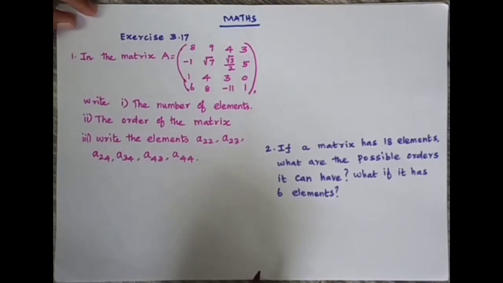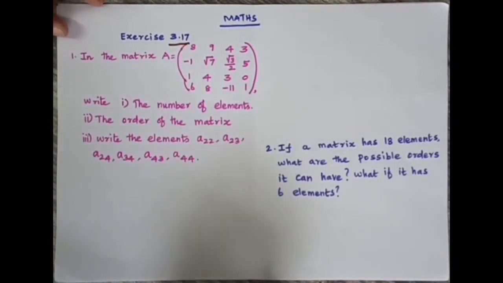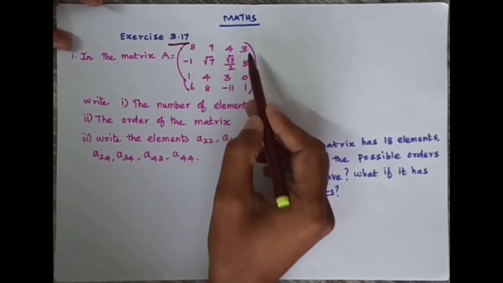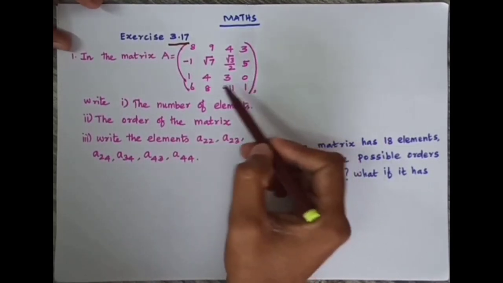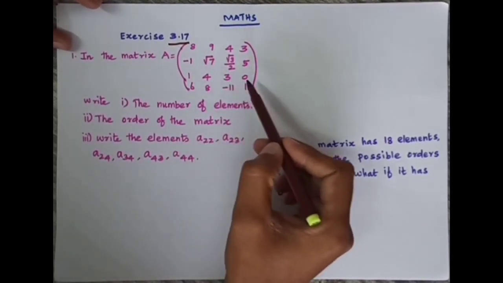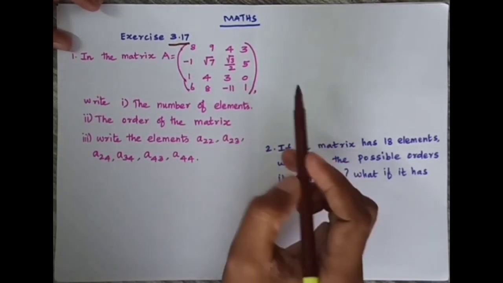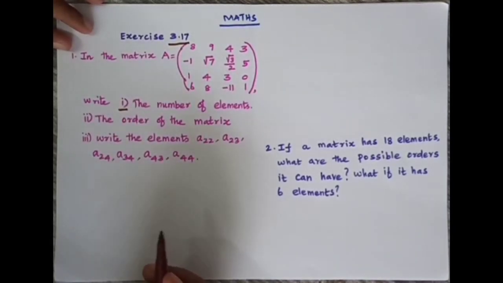Now we will go into the exercise 3.17. The first question is, in the matrix A: 8, 9, 4, 3, minus 1, root 7, root 3 by 2, 5, 1, 4, 3, 0, 6, 8, minus 11, 1. Here we have to find out first the number of elements.